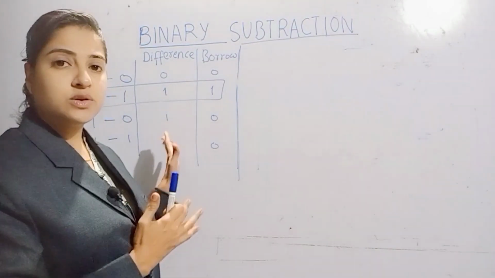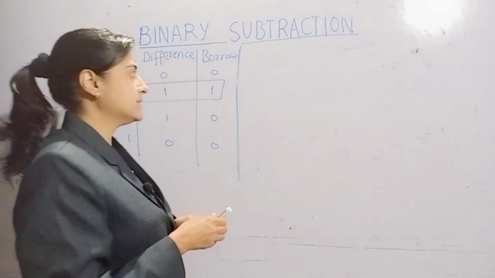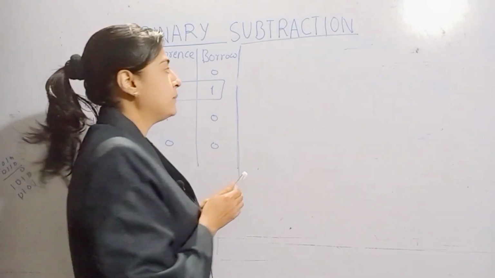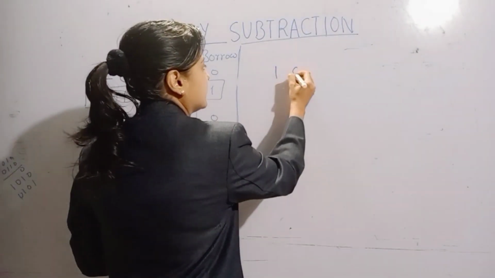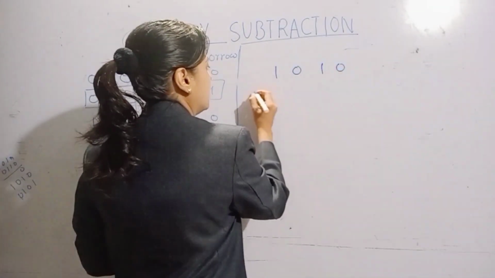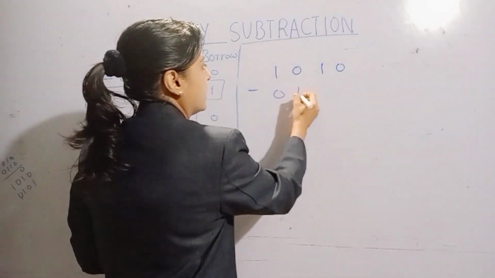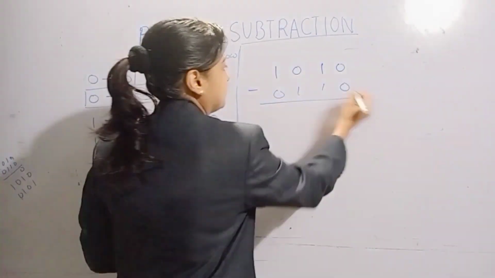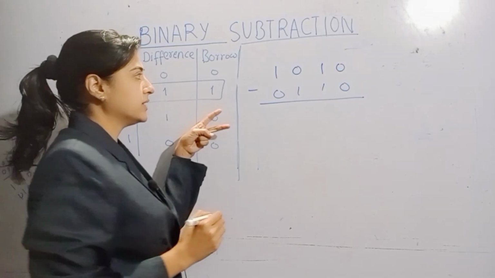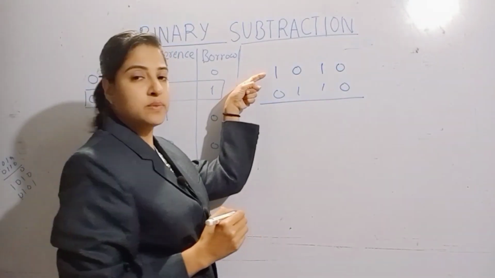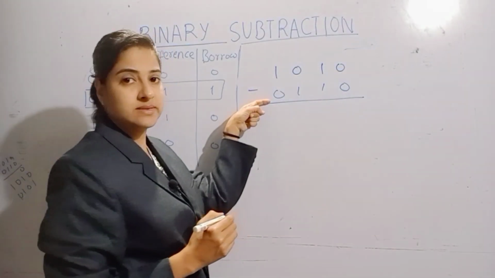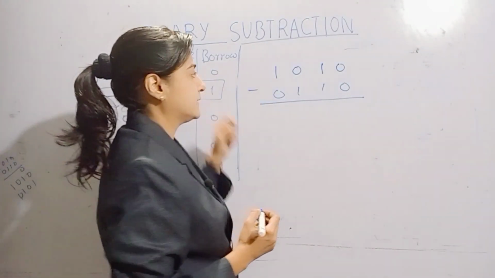Now using these rules we can solve at least a couple of examples. Let's take one example, 1010 minus 0110. These are the 2 binary strings. Of course the upper one is the larger number, and the lower one is smaller.